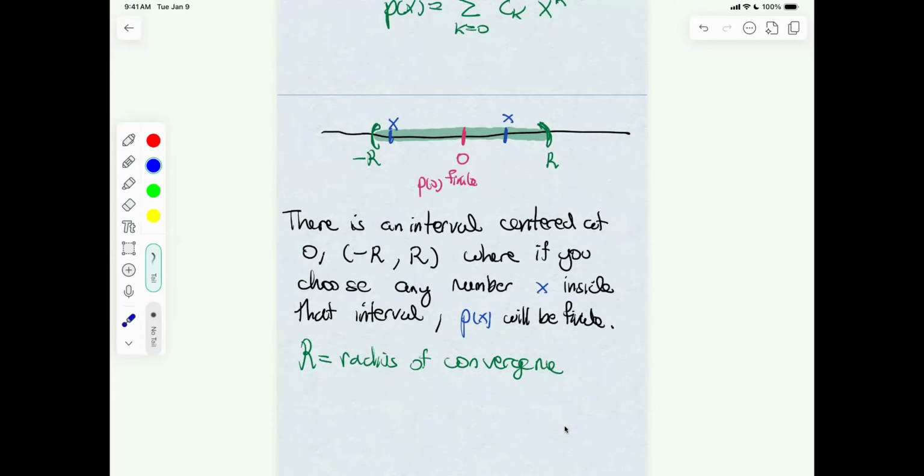It's not super obvious. When you see an interval, no one says what's the radius of the interval. It's called radius of convergence because there's secretly this picture if you were to work with complex numbers.